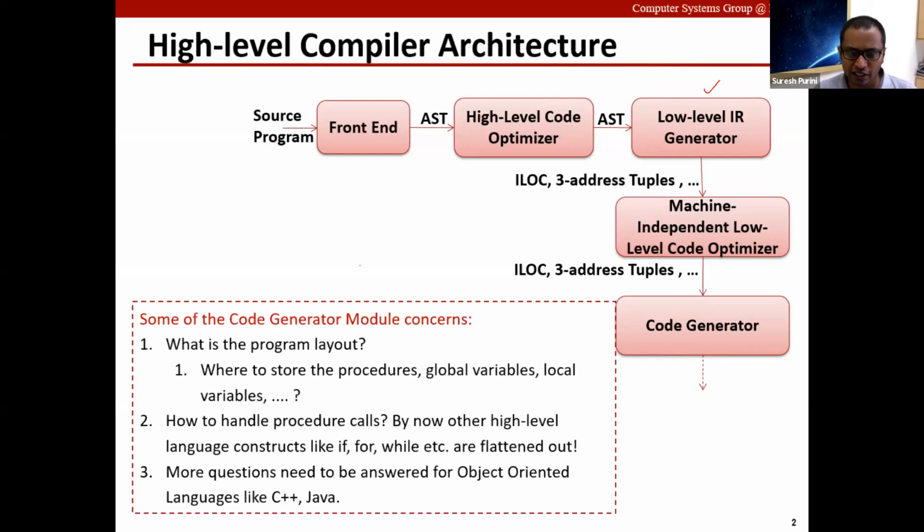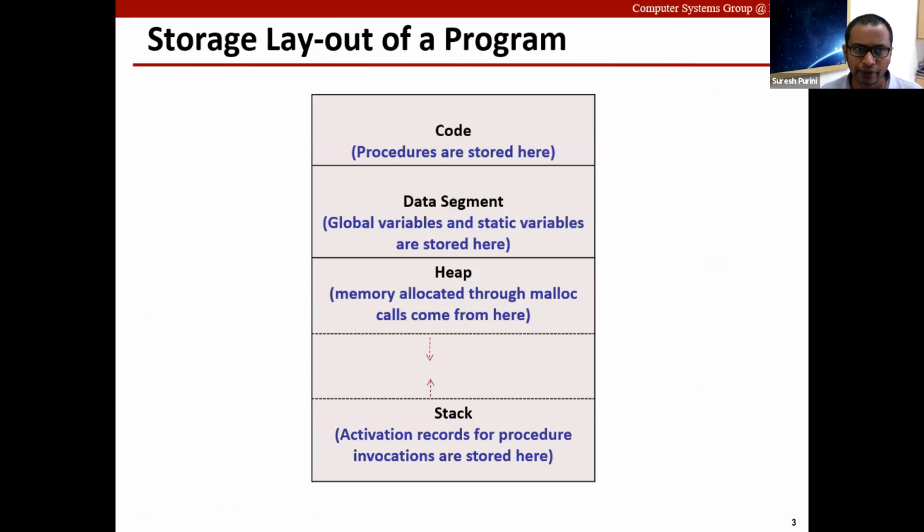After a few classes, we will try to take a look into the runtime environment for object-oriented programming languages, specifically C++. But not in the next class. In the next class, we will move on to the code generator module.